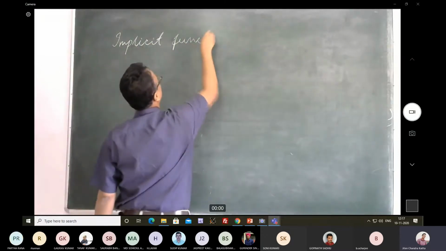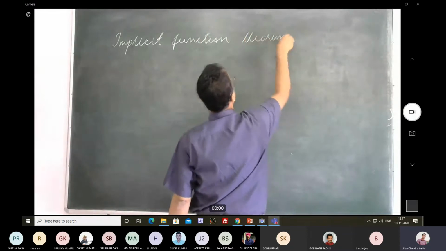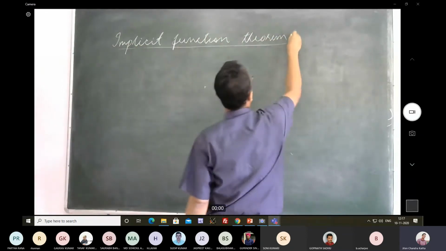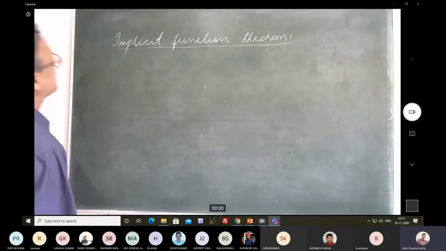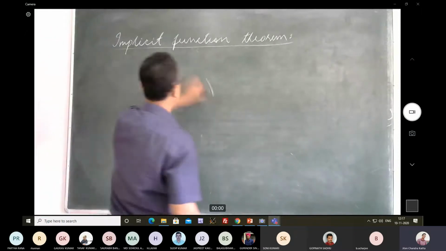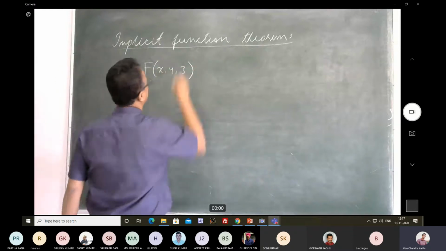Implicit function theorem. I will show you the formal statement in this slide. So what it tells you is that suppose you consider a function of 3 variables, say F of x, y, z.